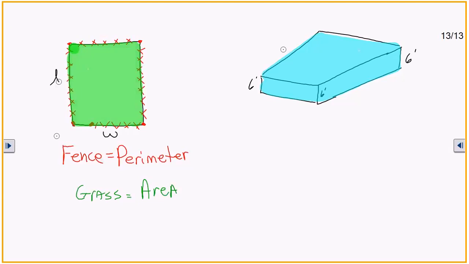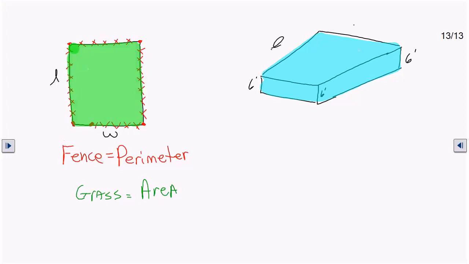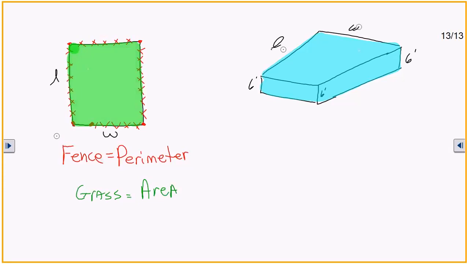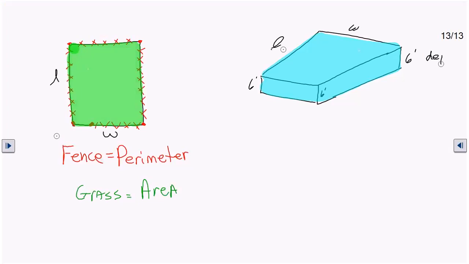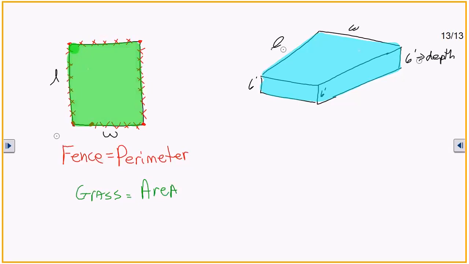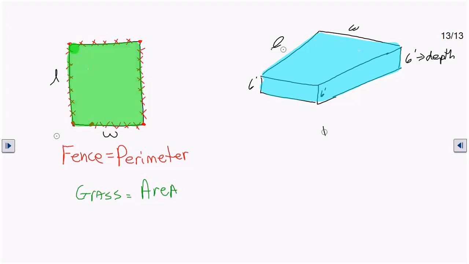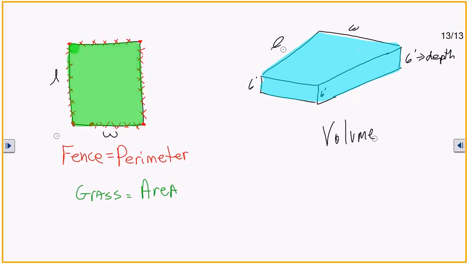Here's my length, and here's my width, but what did I add? I added depth, how deep something is. And when I add depth, that's volume. And it's got 3 dimensions.